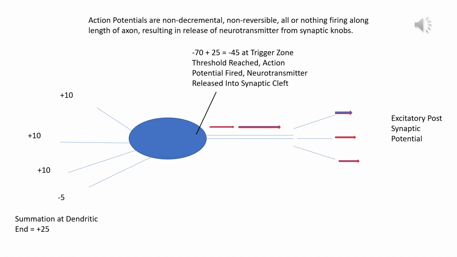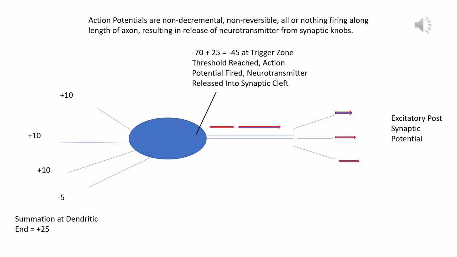There is then one hyperpolarizing stimulus coming in that is a minus 5. So we summate: 30 minus 5 gives us 25. Our resting membrane potential is minus 70. We need to bring a minus 55 or better to the trigger zone in order for the trigger to be pulled.